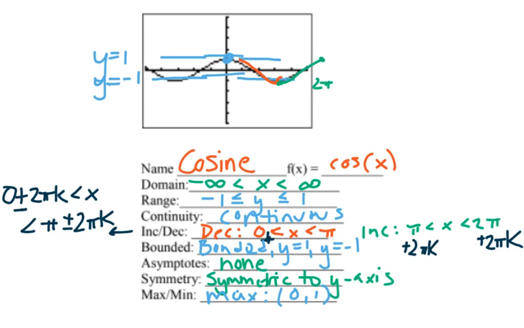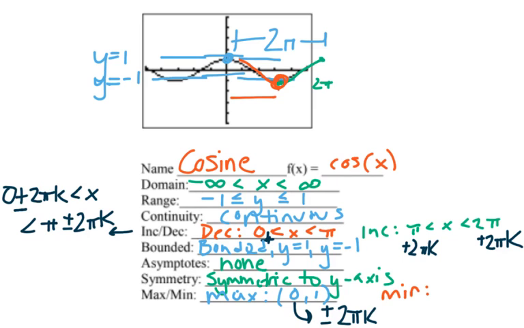And then it turns out that every 2 pi distance from that, either subtracting or adding, you're going to get another maximum. So from that 0, you can add or subtract 2 pi k, and you will get another maximum.